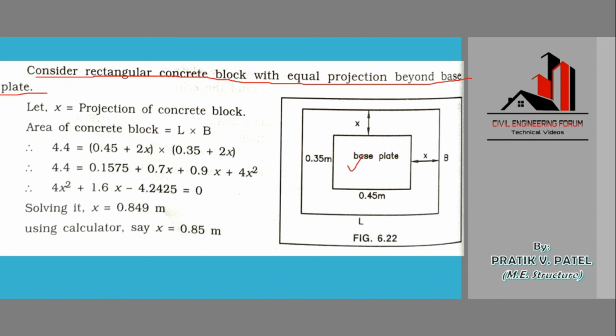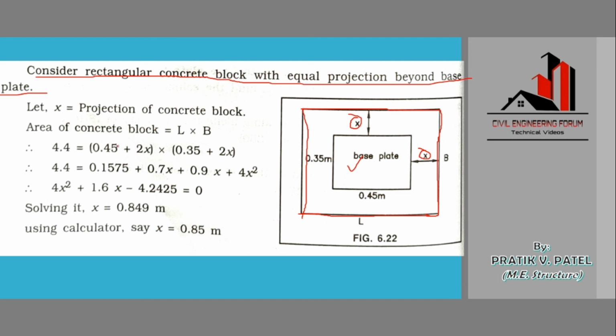Suppose this is our base plate. Equal projections we are talking about, suppose we are taking x on both sides. This is the boundary, the line of our concrete block. Say x we are taking as the projection.